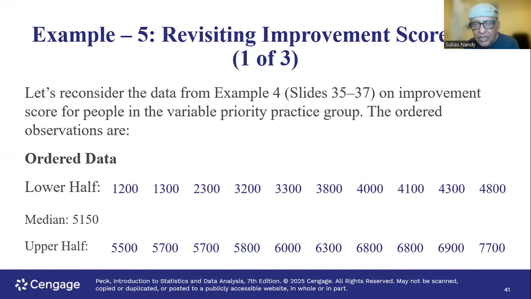Then 3300, enter. Then 3800, enter. Then 4000, enter. Then 4100, enter. Then 4300, enter. Then 4800, enter. So that's the first row of data. It's in L1. I will continue to enter the second row.